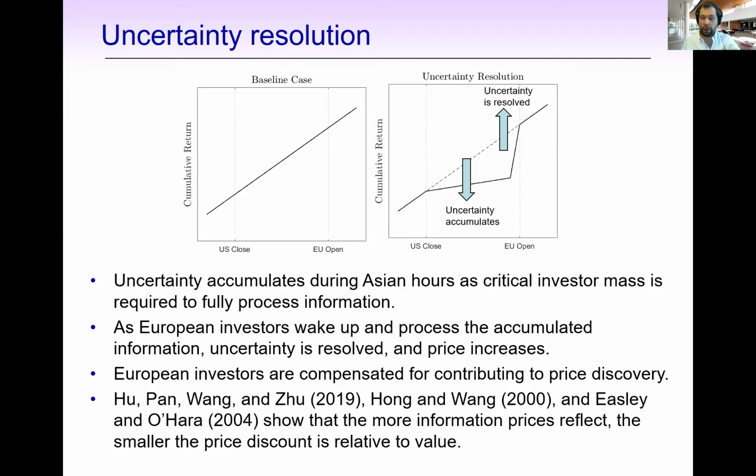So uncertainty and unprocessed news accumulate, and so does the price discount. Then during the European open, the first European investors come in, they process the information, and this is why prices increase. Until uncertainty is resolved, the price discount disappears, prices go up, and we see positive EU open returns.